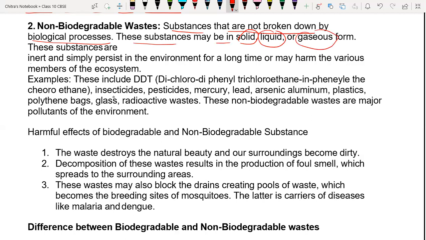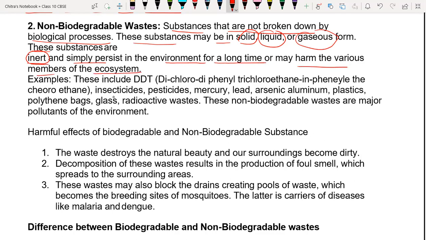They are inert, which means they are not going to react with other substances and not going to be broken down into simpler forms. They simply persist in the environment for a long period of time or may harm the various members of the ecosystem.